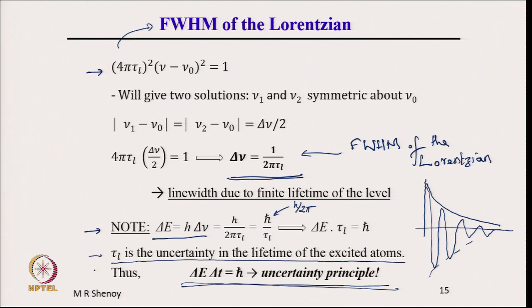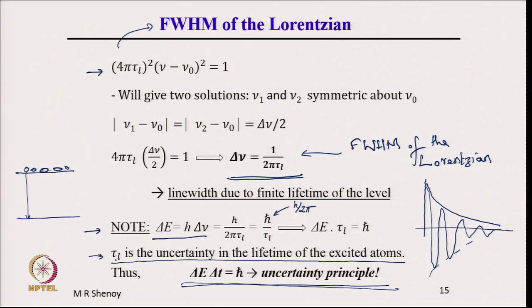Recall, what is tau L? Tau L is the average time an atom spends in the upper level. Average time, some atoms may come down immediately, some atoms may come after a long time. So, the average time is tau L. That means, for any given atom, there is an uncertainty in the decay time, that is, it may come down immediately or it may come after a long time.